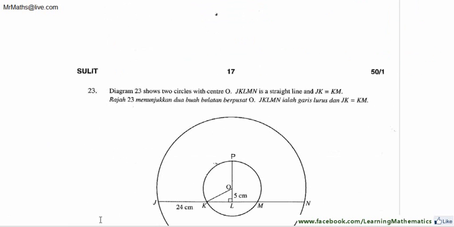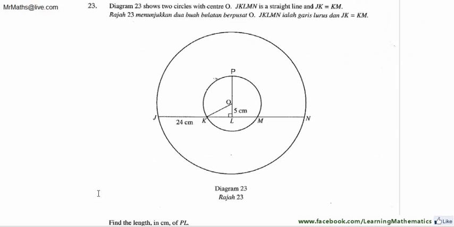Number 23. Diagram 23 shows 2 circles with center O. JKLMN is a straight line, and JK is equal to KM.